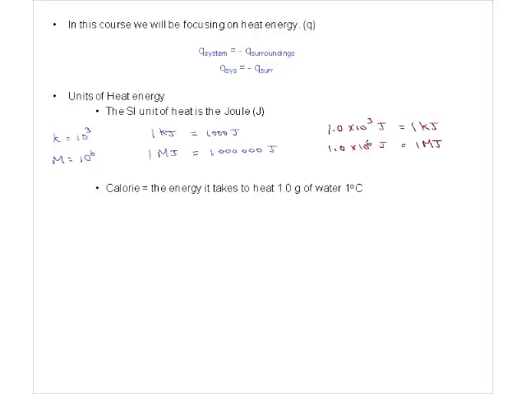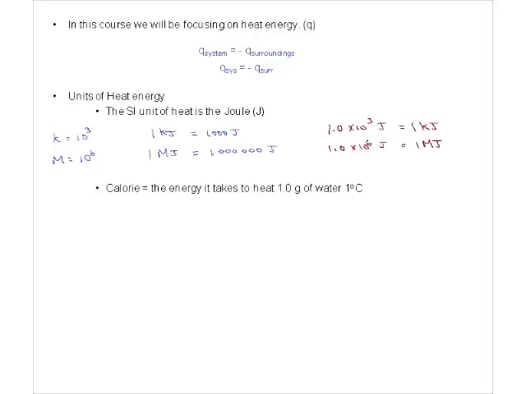Now for us, sometimes we see energies being portrayed in calories. So what we would have to do is make sure we know how to convert a calorie to joules. What a calorie is, by definition, is the energy it takes to heat 1 gram of water by 1 degree Celsius.